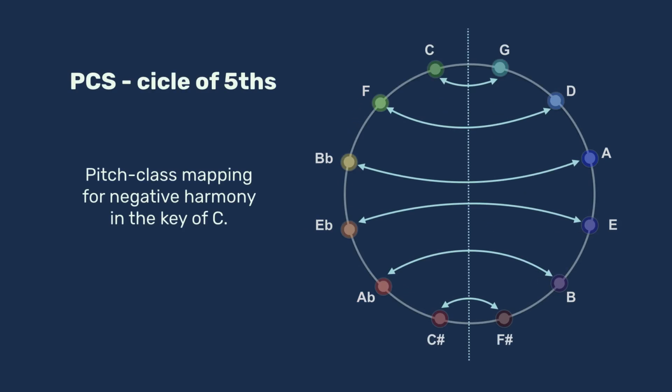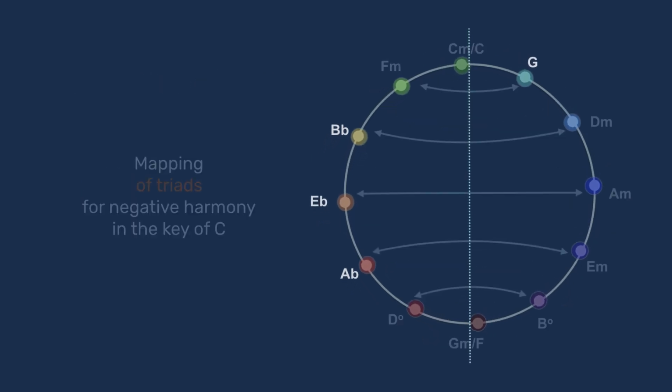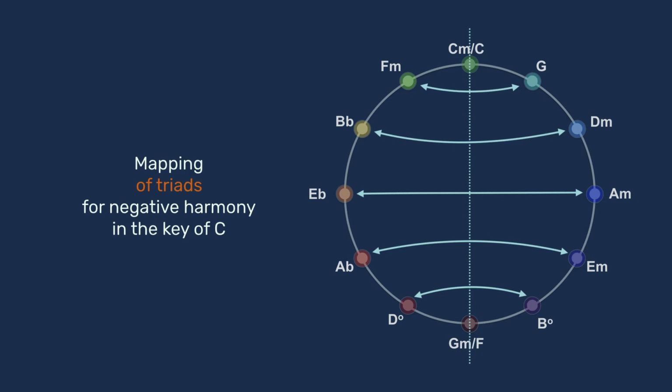Another way of representing the pitch class space is with the cycle of fifths. Here the sequence is not chromatic anymore, but by fifths or fourths, depending on how you see it. Here the axis is still in the midpoint between C and G, and the pitch class correspondences are the same. We can use the same diagram to represent related triads.